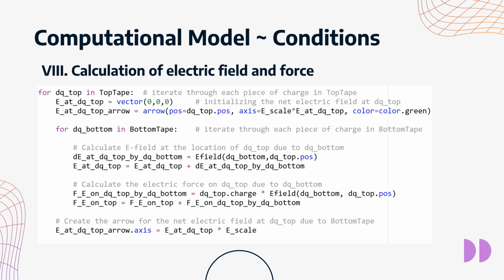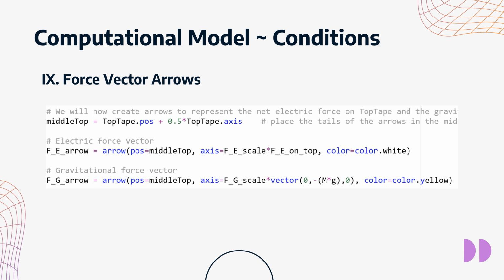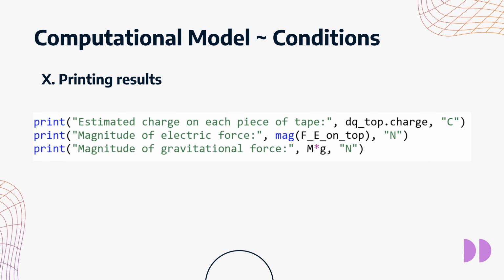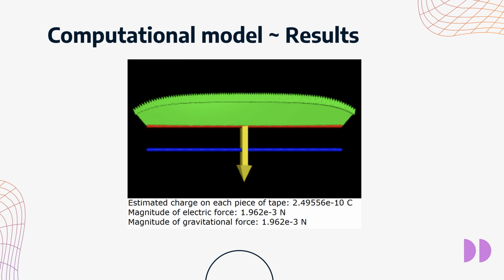Now, the electric field contribution for each piece of the bottom tape on each piece of the top tape is computed. Knowing this, the electric force on the top tape is also calculated. After that, the errors for the electric force and the gravitational force are created. Finally, the results are printed. The model with one-dimensional lines of charges yields a charge of roughly 25 nanocoulombs.